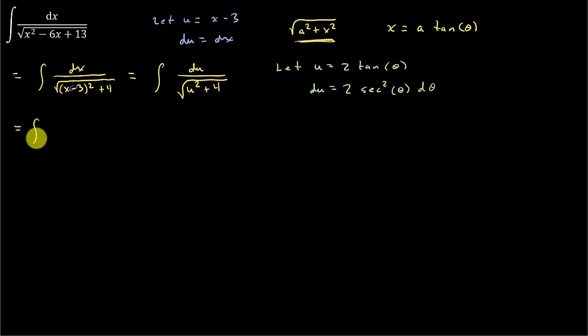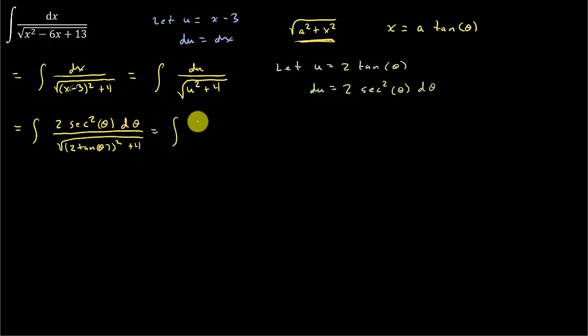In the place of du, I'm going to put 2 secant squared theta d theta, over the square root of, and in the place of u, I'm going to put 2 tangent theta, and that's squared, plus 4.